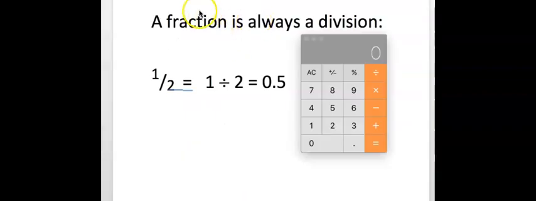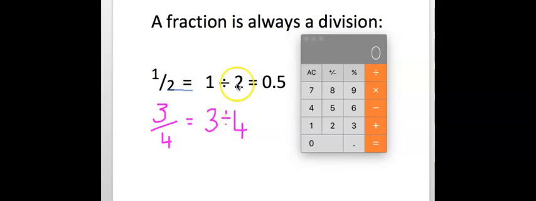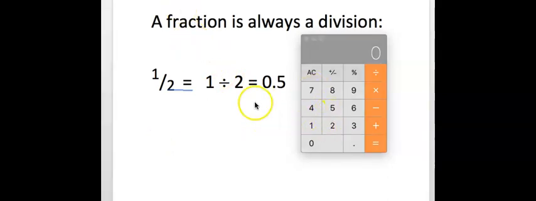Now, let's see how this works. A fraction is always a division. We'll do that again. So if we've got 3/4, what we're doing is actually taking 3 things and sharing them equally 4 ways. How does that make 75%? Well, let's show this on the calculator.